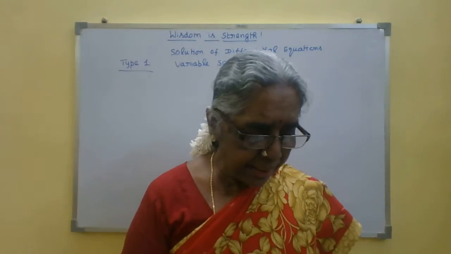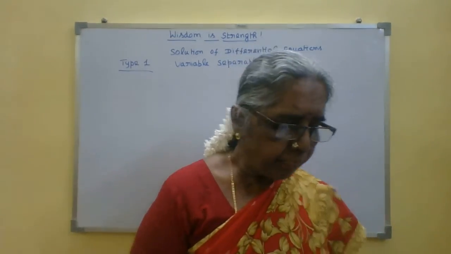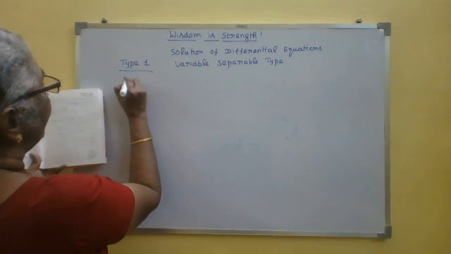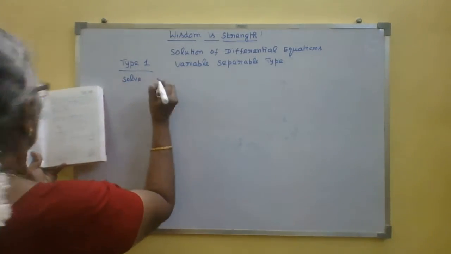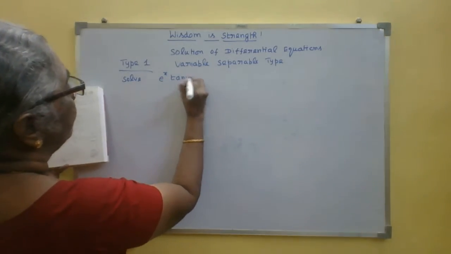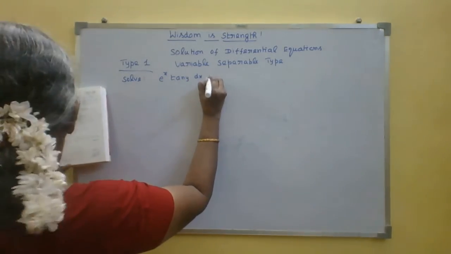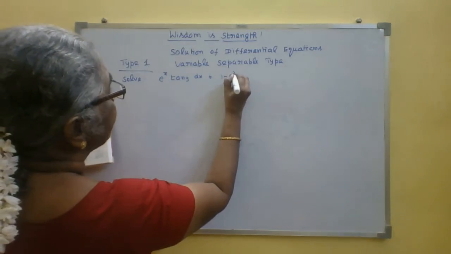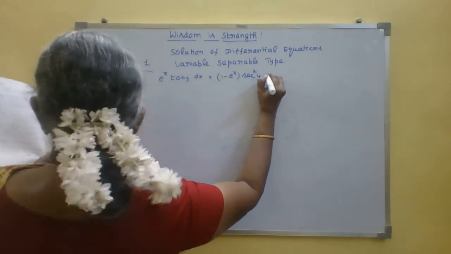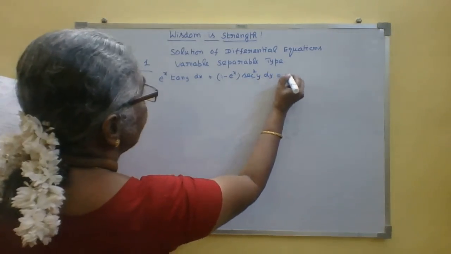Now let us take one example sum. You have to solve e power x tan y dx plus 1 minus e power x secant squared y dy is equal to 0.